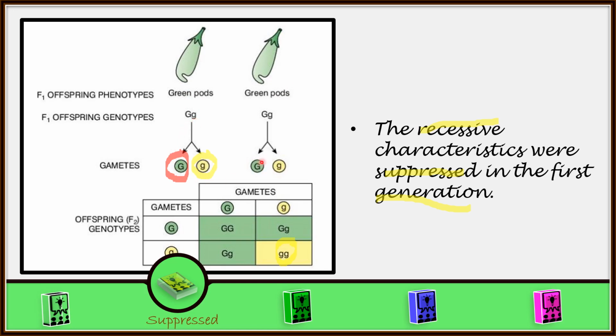But when the two were crossed, in the F2 generation, the brown color reappeared. Why? Because in this combination, we had small g recessive alleles aligning themselves together and both of them expressing themselves, and then that character reappeared.